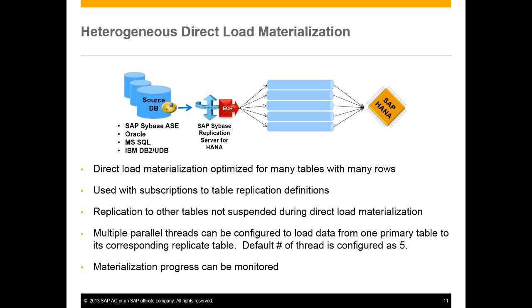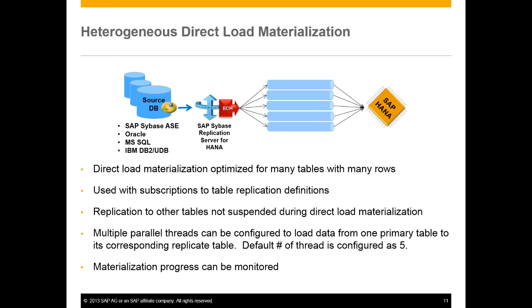So for folks who are doing, let's say, a cross page size migration or a cross-platform migration, they can use this technique, direct load materialization, to do what we call zero downtime migration.